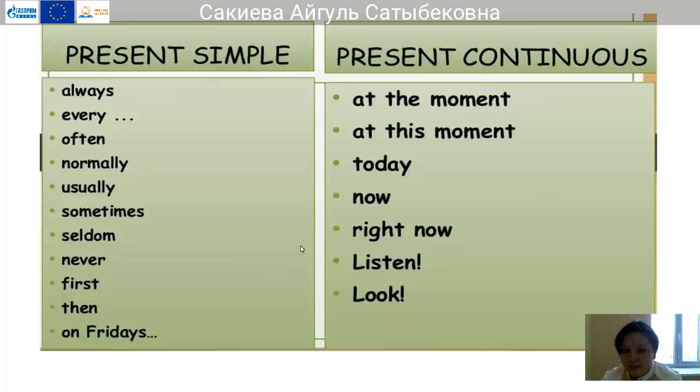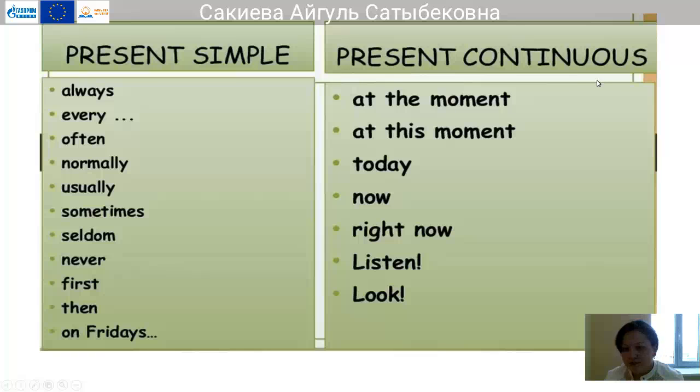Now, what kind of keywords or hint words can we use with present simple? We usually use always, every day, every month, every week, for example, yes? Often, normally, usually, sometimes, seldom, never, first, then, on Fridays. These keywords or hint words are always used with present simple tense.